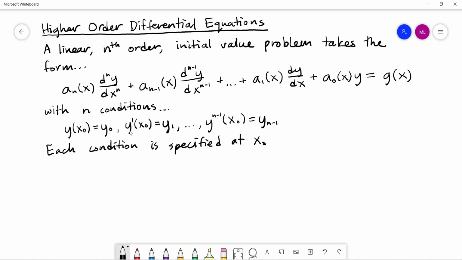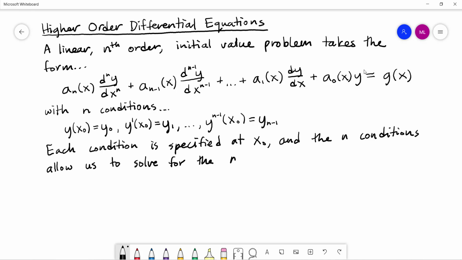They all are evaluated at x_0. And the n conditions allow us to solve for the n constants of integration that show up when we solve this thing. That's why they're there. Okay.